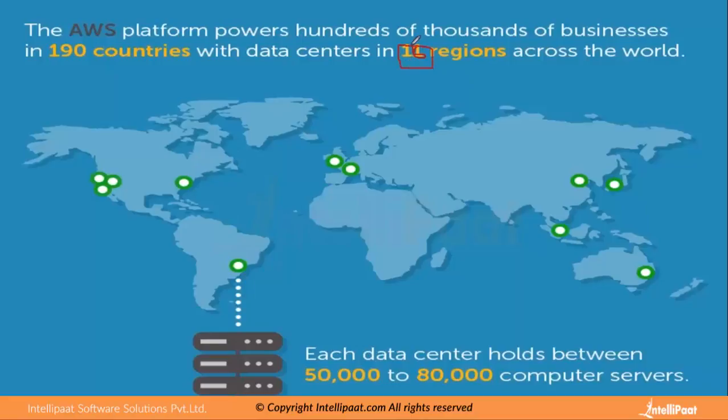We have Mumbai, Singapore, Frankfurt, Ireland, Canada, Ohio, Oregon, Northern Virginia, Northern California, and so around 16 regions are there across the world, with businesses in more than 190 countries using AWS. So that is some good to know information about AWS.